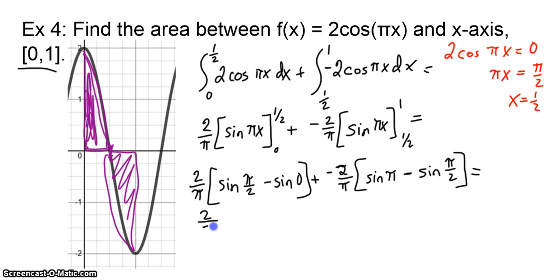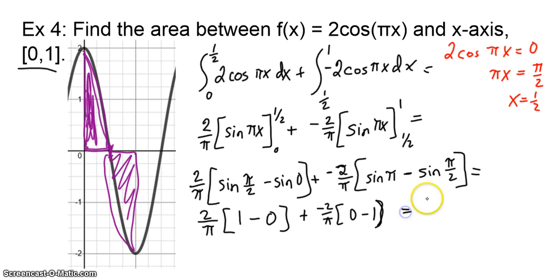So 2 over pi times 1 minus 0, plus negative 2 over pi times 0 minus 1. So 2 over pi, plus another positive 2 over pi, is 4 over pi.